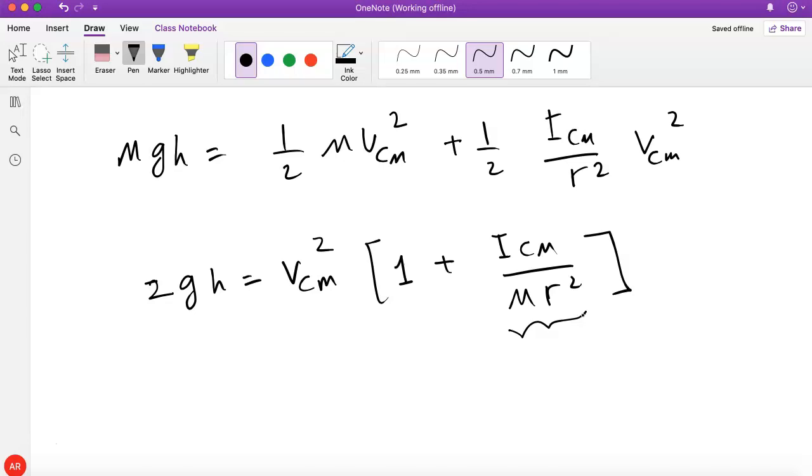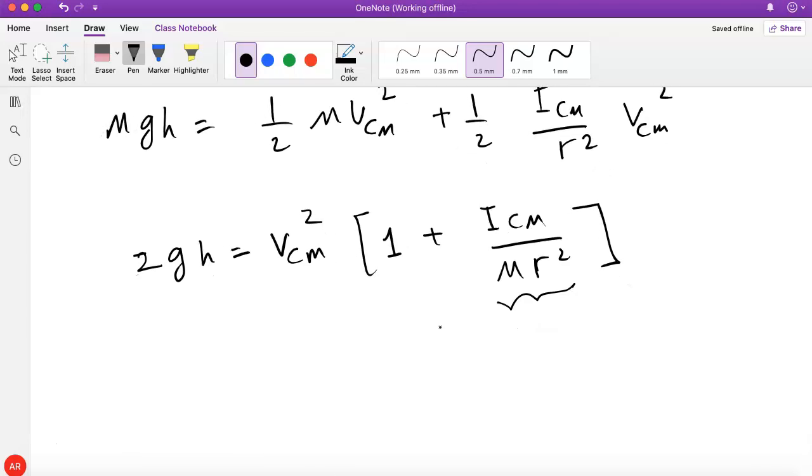Radius is the only length scale you have, and mass, the total mass, is the only mass scale you have. So for example, if it's a ring, ICM is just mr squared. If it's a disk, it's, I think, 1/2 mr squared. If it's a sphere, it's some different number times mr squared.